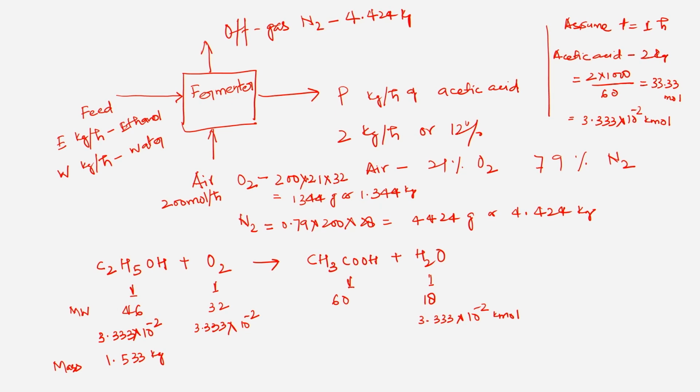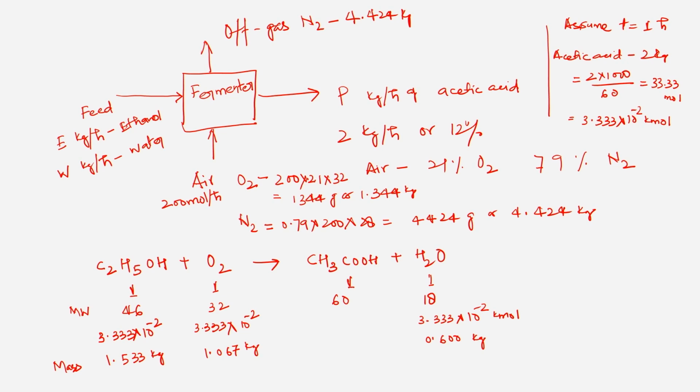What about oxygen? Multiply with 32, we will get 1.067 kg of oxygen consumed, and how much water is generated? You multiply with 18, you will get 0.600 kg of water being produced.